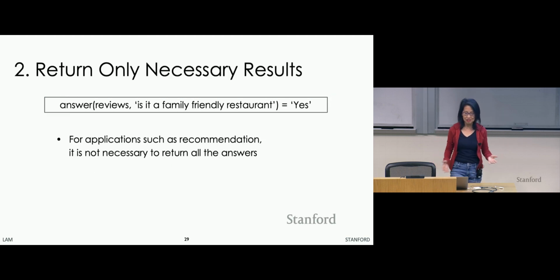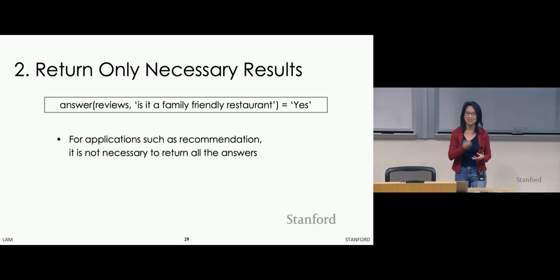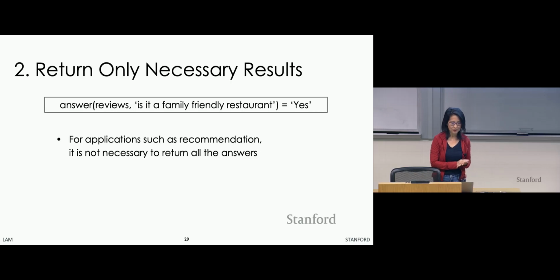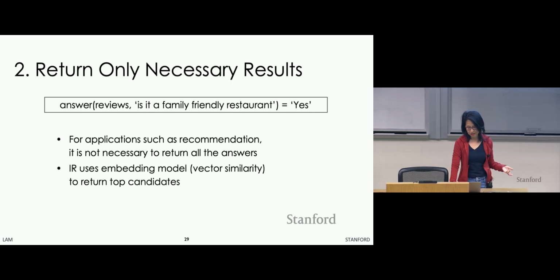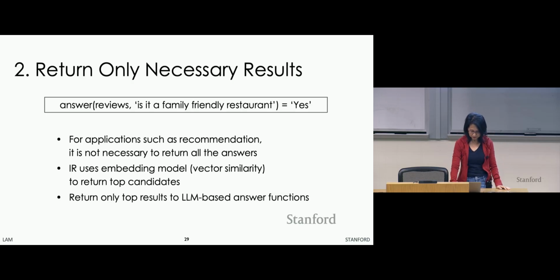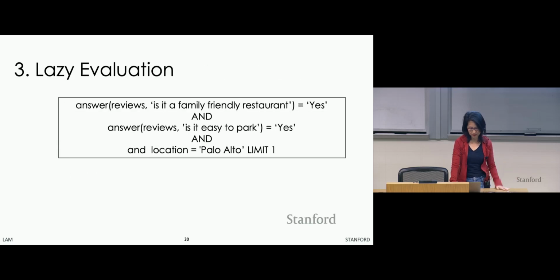The second thing is to return only the necessary results, which is what Flora mentioned. I don't need to return all the answers. So I'm using the embedding model, vector similarity. I return the top candidates, and I just give you those answers. And then you use that to do the answer function.